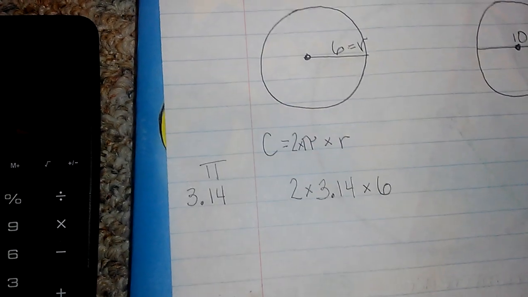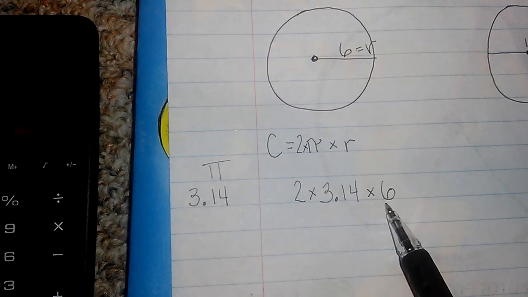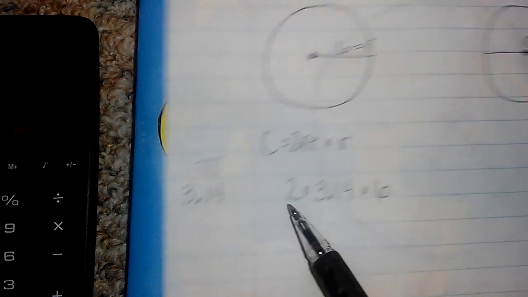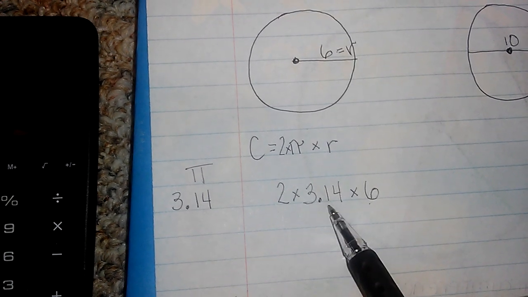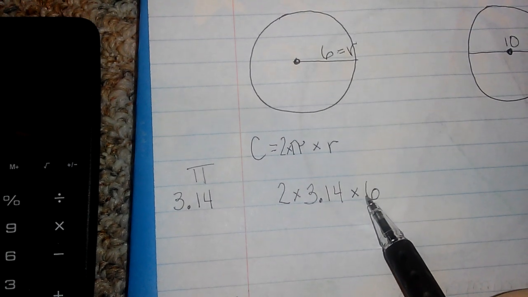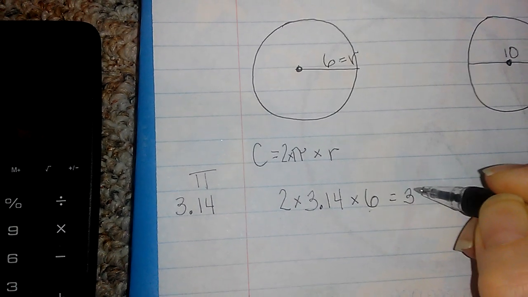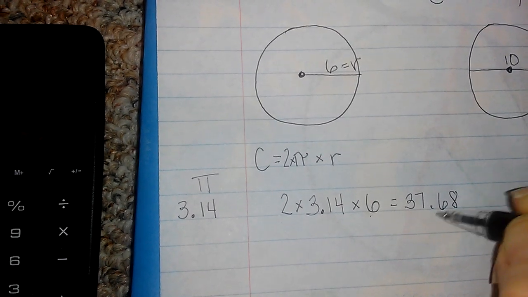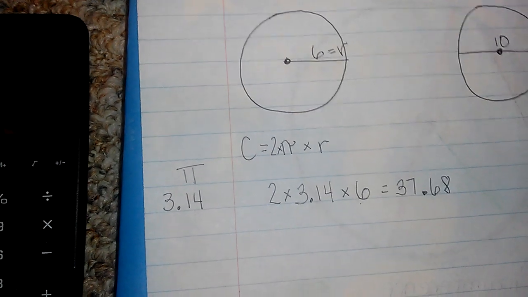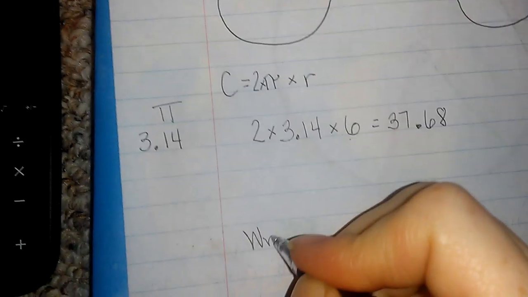Type it into your calculator exactly the way you see it: 2 times 3.14 times 6. And you should get 37.68.